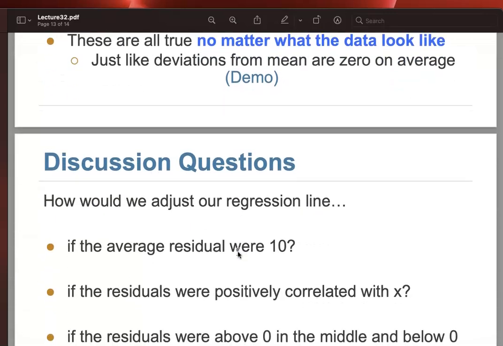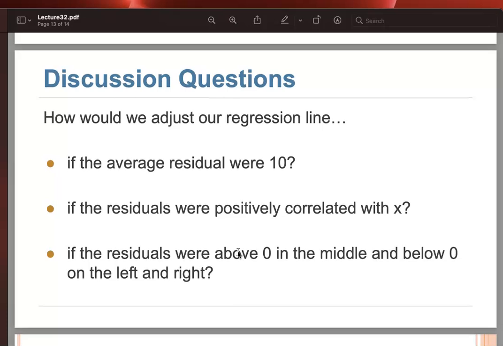We still have a couple of minutes, so one thing I want to go through with you is the discussion question. Earlier we said you have the 3 residual properties. If your regression line faces these situations, what should we do? First, if your average residual were 10.